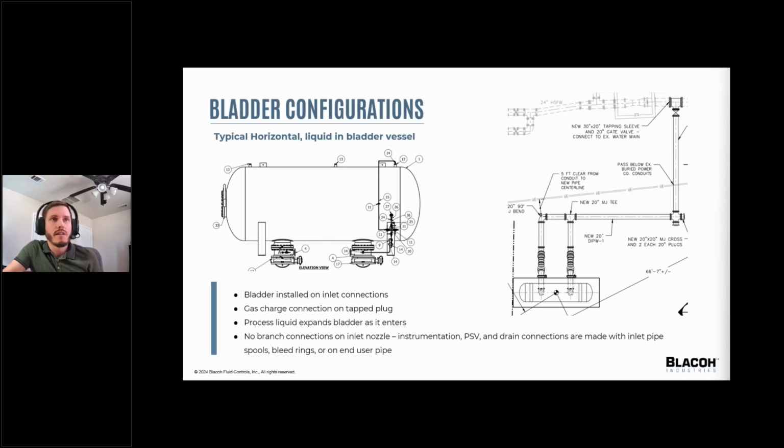Also keep in mind that bladders are wear items, and although they do last well in most applications, they do eventually need to be replaced. So keep enough access room around manways, and if it's a liquid in bladder configuration like this one, you want to keep sufficient access to the inlet nozzles as well.